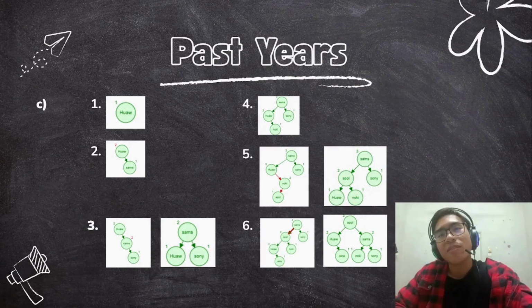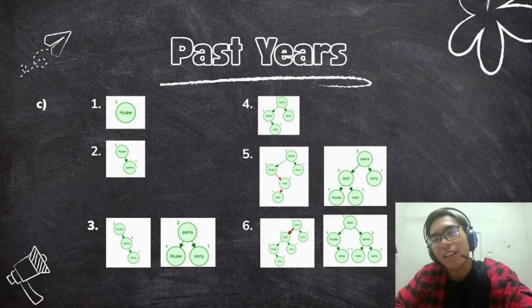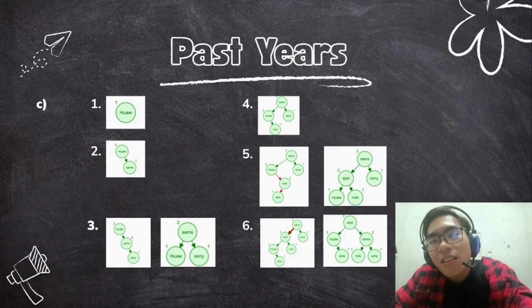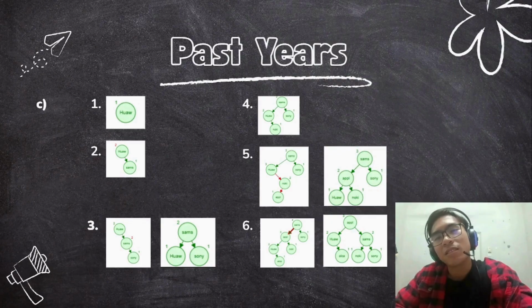For number 5, when Apple is introduced, Apple is rotated to be the new node replacing Huawei. And for number 6, when Nokia is introduced, Huawei is rotated back so that Samsung becomes the new root for Nokia and Sony.